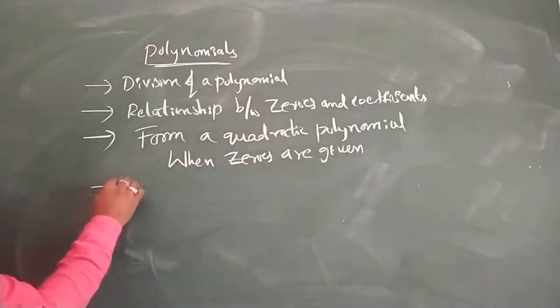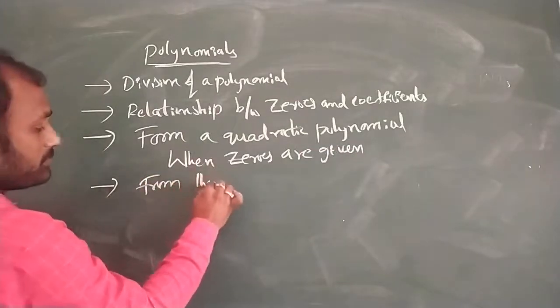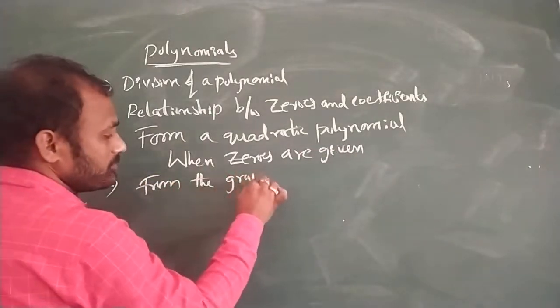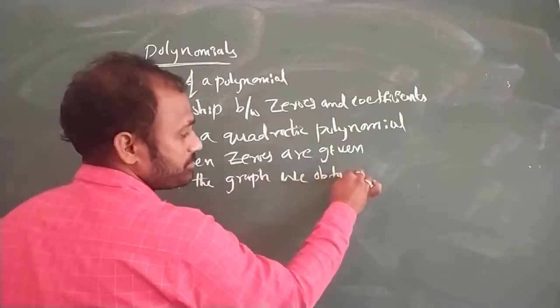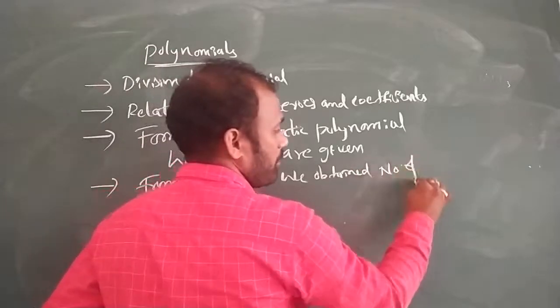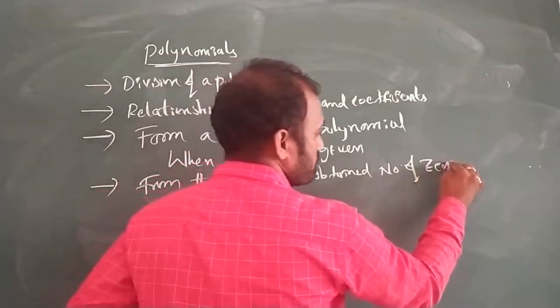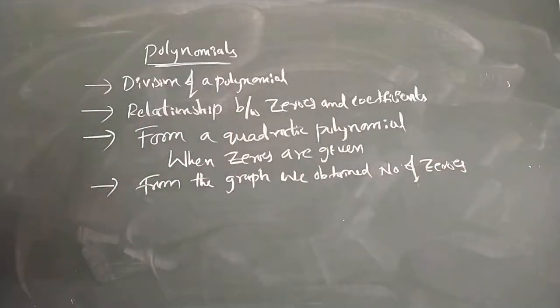And the fourth one is from the graph we obtain the number of zeros. So in today's class, these are the four topics we have learned so far.